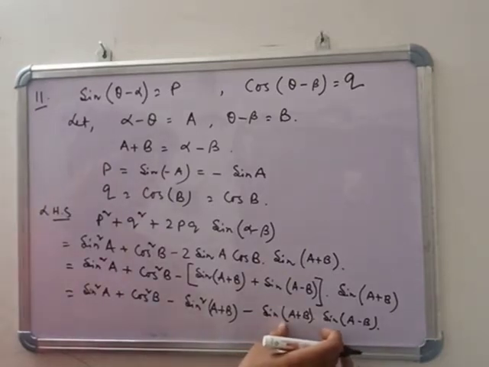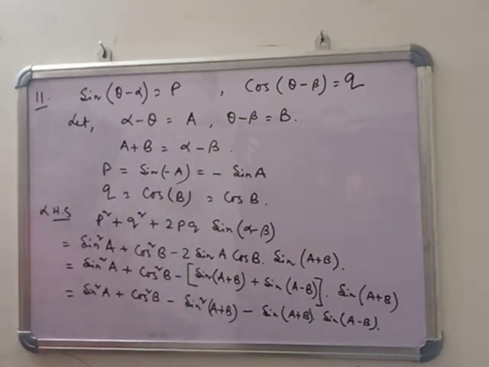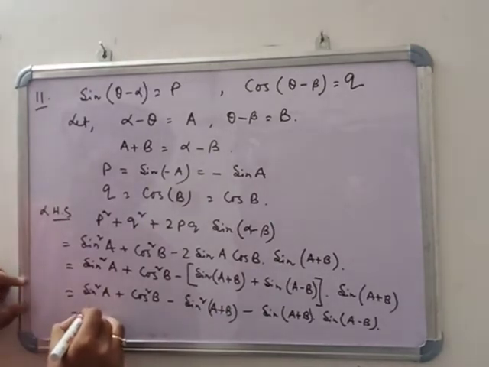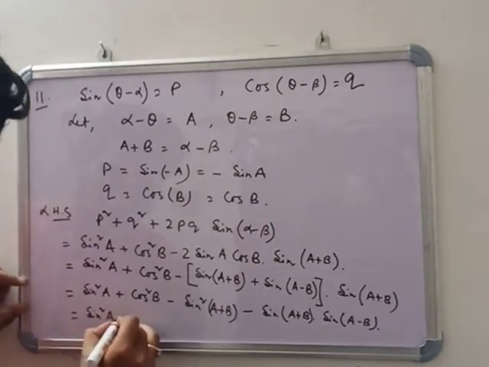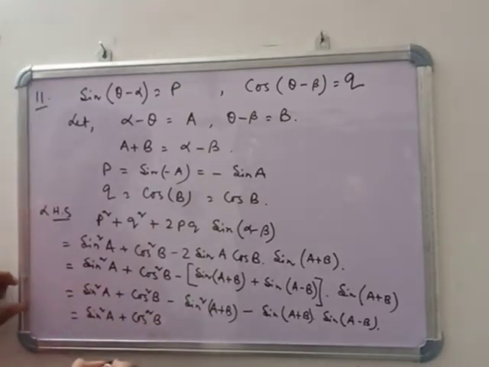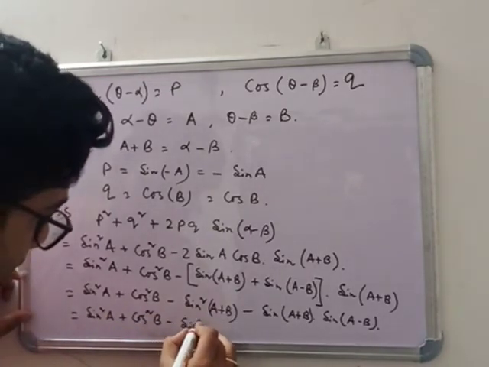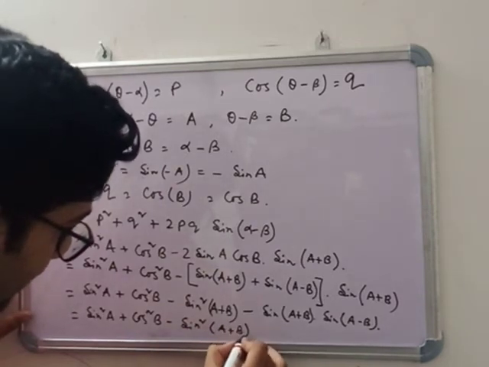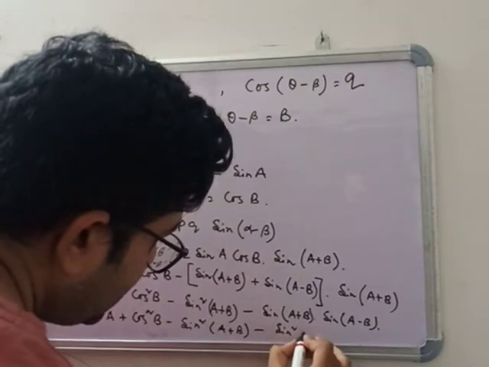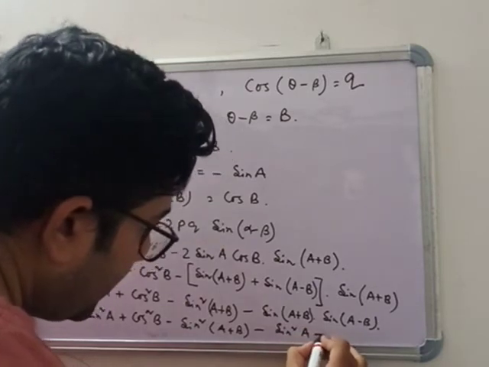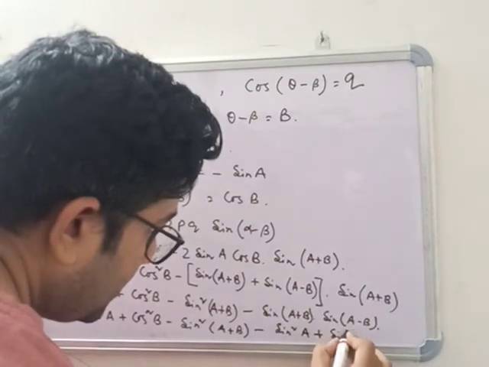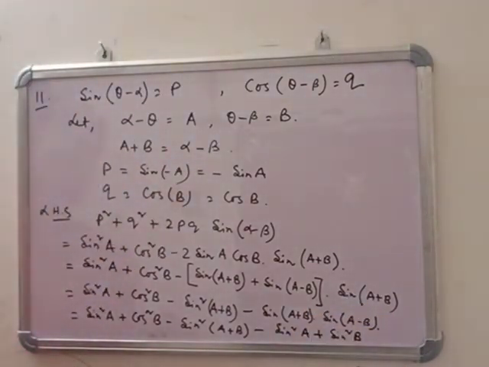So sine of A plus B into sine of A minus B, that means sine square A minus sine square B. So you can write here, sine square A plus cos square B minus sine square A plus B minus sine square A plus sine square B. So these are cancelled and this plus this equals to 1.